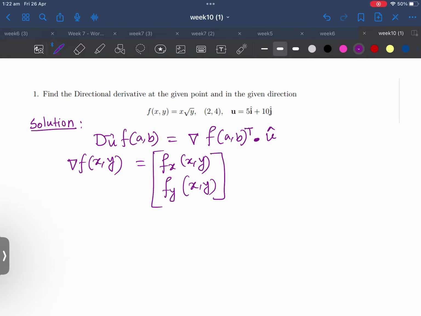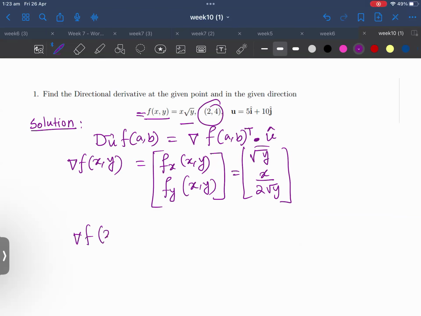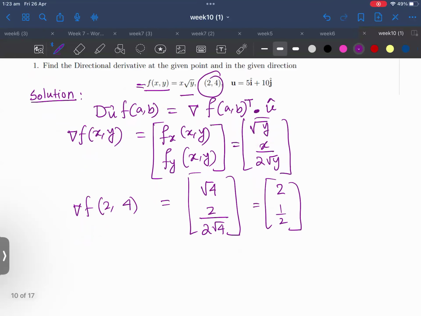So if you differentiate this function with respect to x, that will give you square root of y, and this one will give you x over 2 square root y. Now, at this point, what will happen? f_x at (2, 4) will give you 2, and f_y at (2, 4) gives 2 over 2. So we have that.